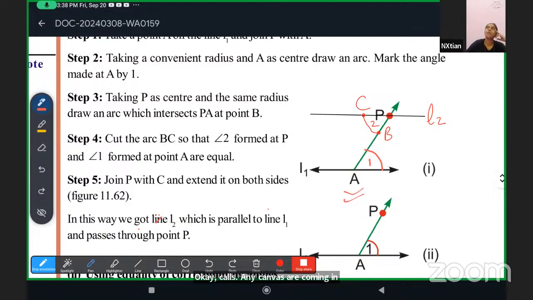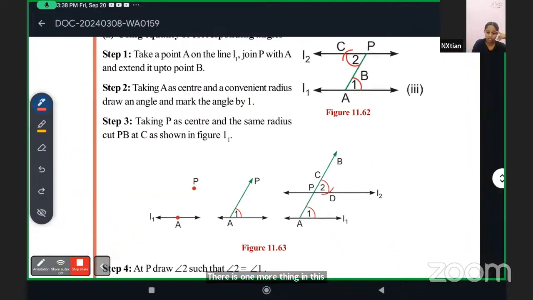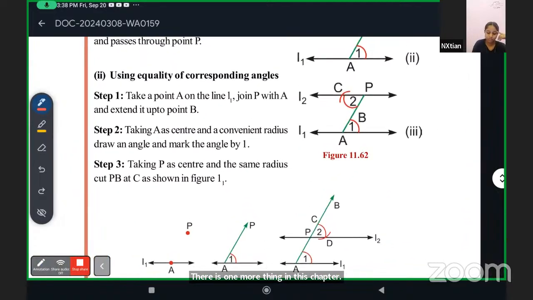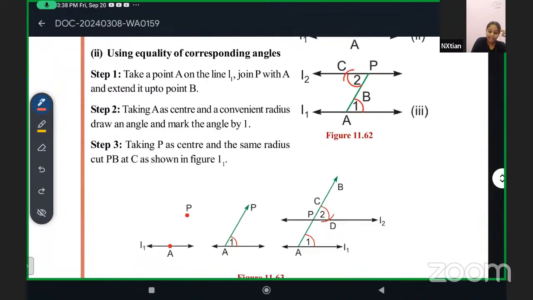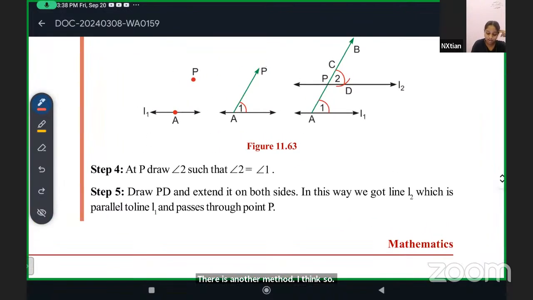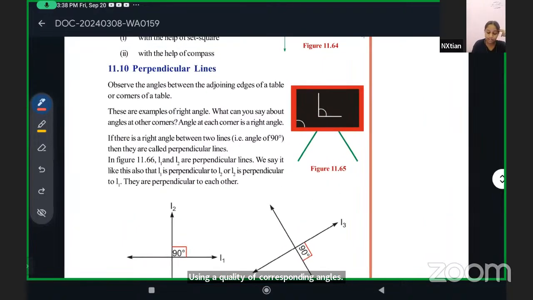Now, there is one more thing in this chapter. Is there another method or no? There is another method, I think, using the equality of corresponding angles. And then how to draw perpendicular lines too.